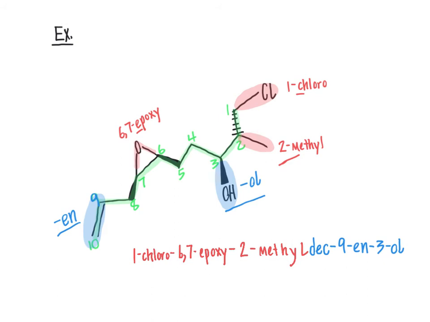So this is going to be our IUPAC name, except for the designation of configuration. Looking at this molecule, we have 4 stereocenters that we need to deal with. They are over here at position 2, at position 3 where the alcohol is, and then the 2 positions at 6 and 7 where we have the epoxide branch coming off.